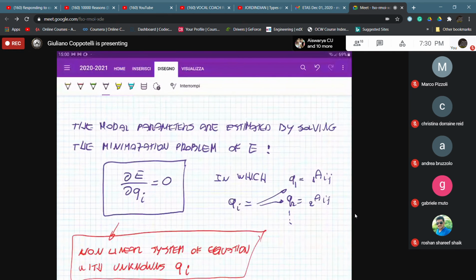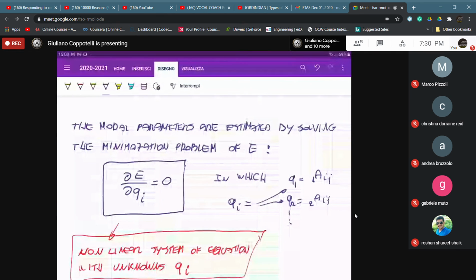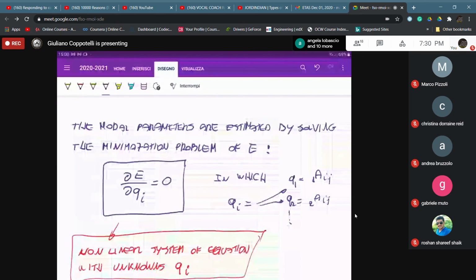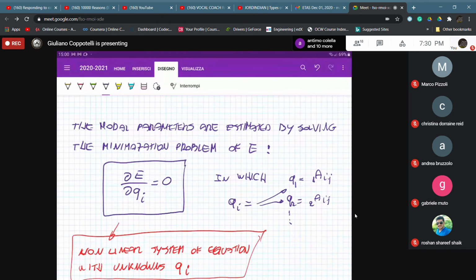This initial guess could be from the peak picking or other methods. And it requires a sort of minimum criteria, dependent on the solution type that we are looking for. All software houses are developing their own code. So if you are interested, you can develop your own code. And if you are lucky, you can make a lot of money by producing modal analysis software, just by looking at that.